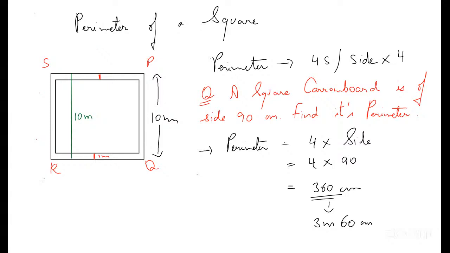So 1 meter from the top and 1 meter from the bottom, we will cancel. For the inner square we are seeing only from here to here. We cancel one from the top and one from the bottom, so we have 8 meters. Okay, ma'am, I understood.